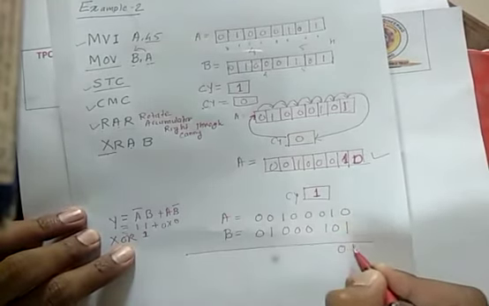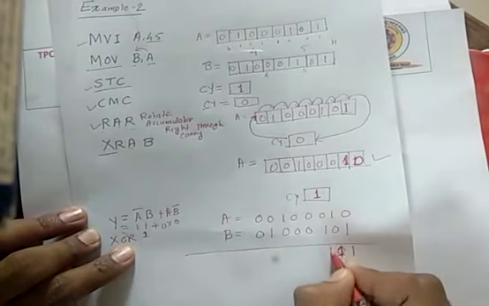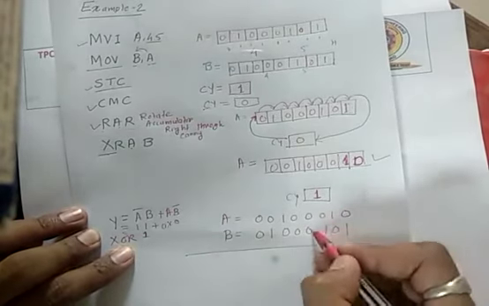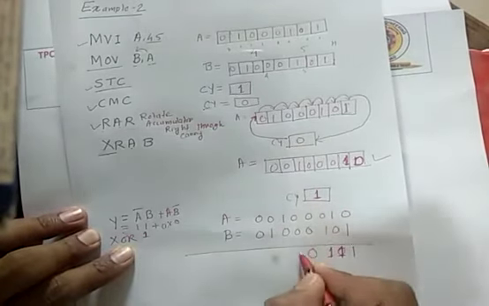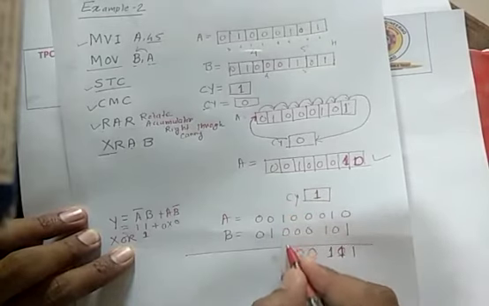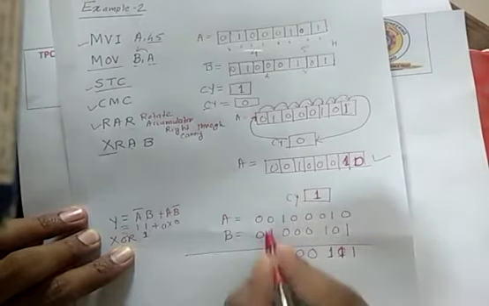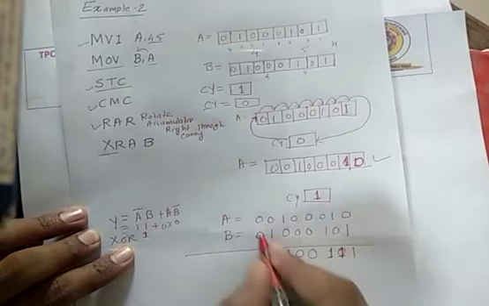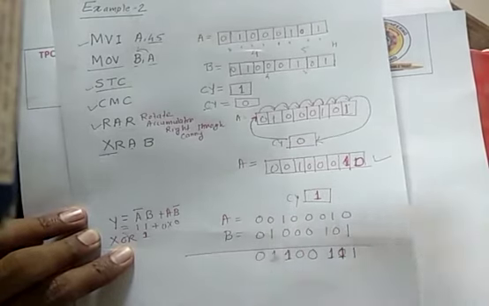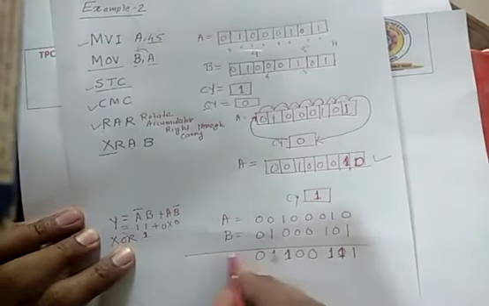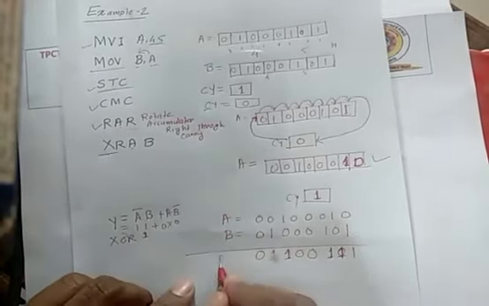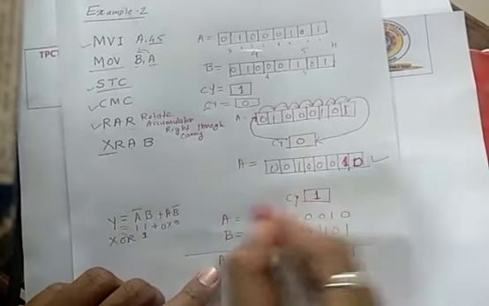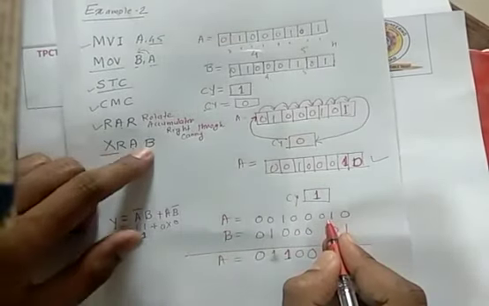Again different, output 1. Different, output 1. Same input, output 0. Same input, 0. Different, output 1. Different, output 1. Same input, output 0.